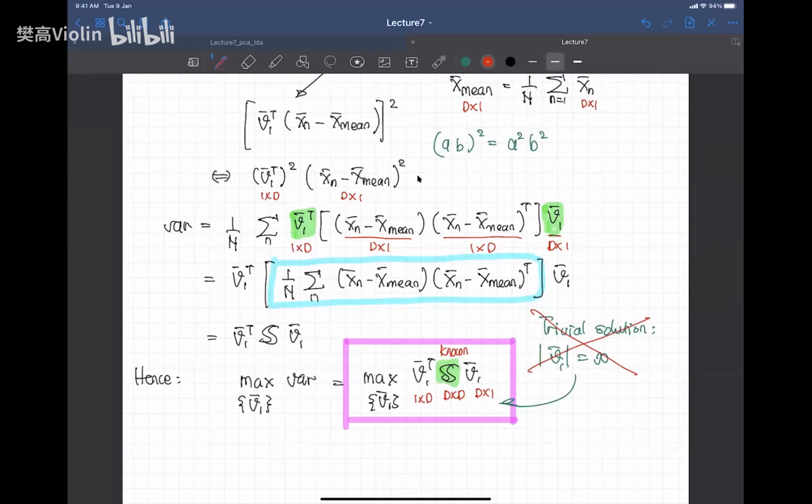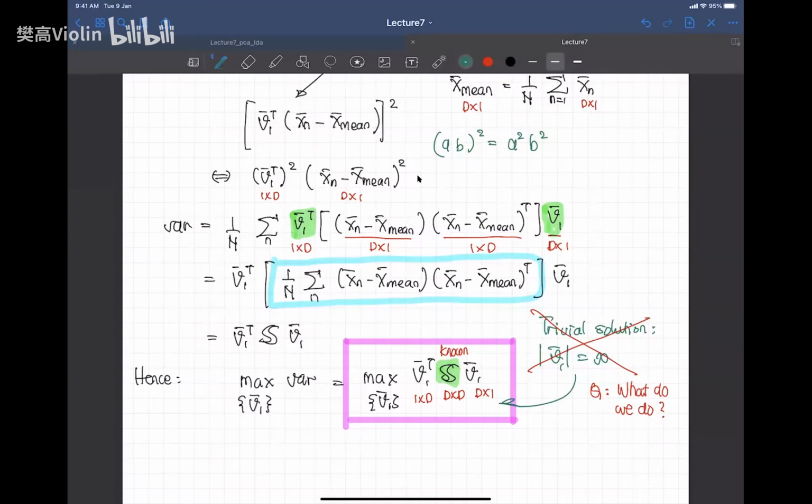So if we don't want that, what do we do? We have to put in a constraint, or regularization. But what should the constraint be?